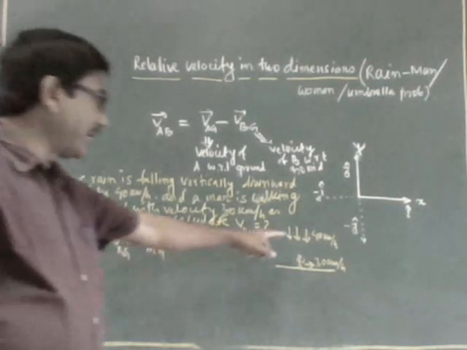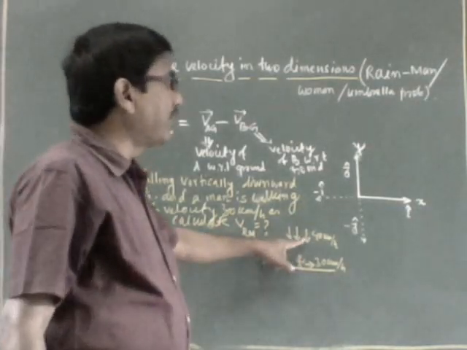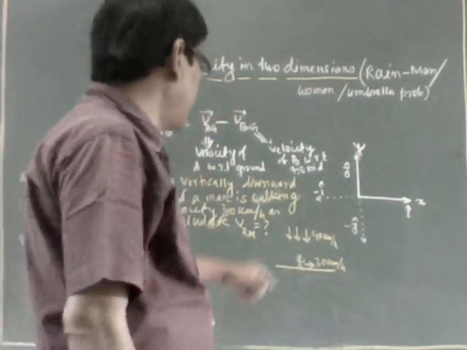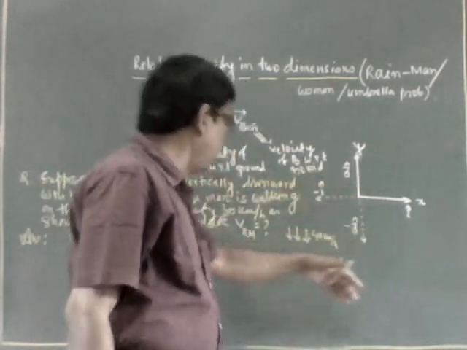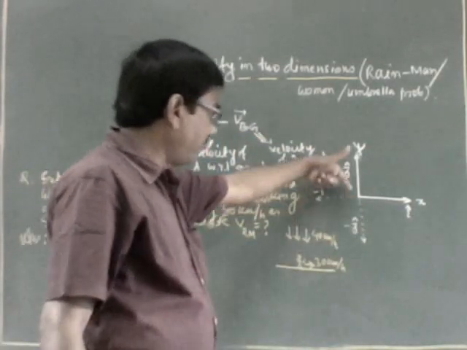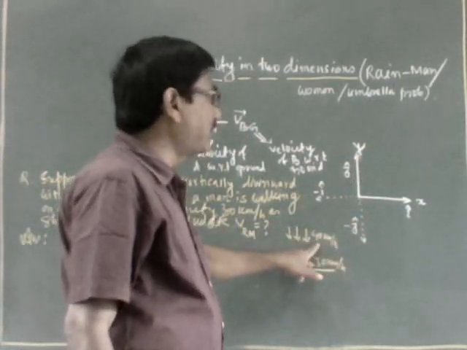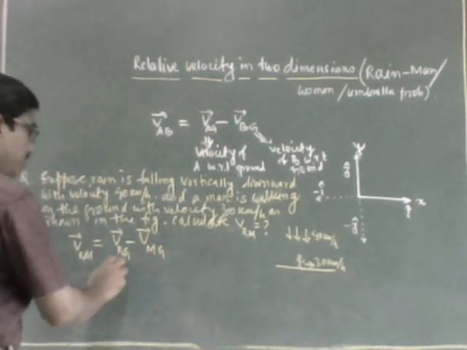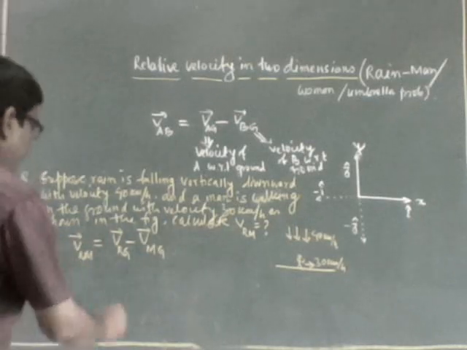Velocity of rain with respect to ground, rain is falling vertically downward, its magnitude is 40, and vertically downward it is minus j. So VRG is equal to minus 40 j.